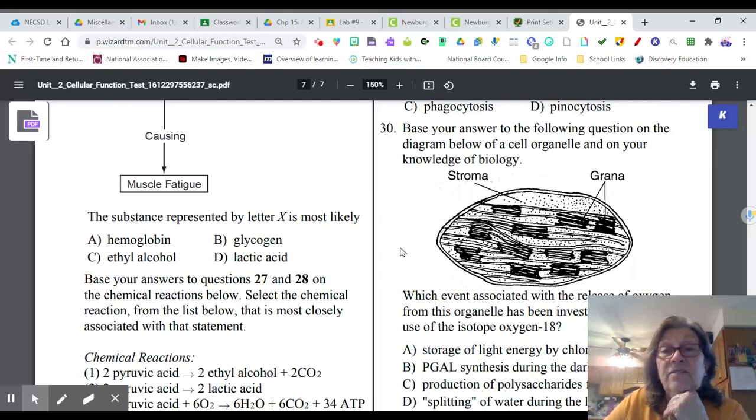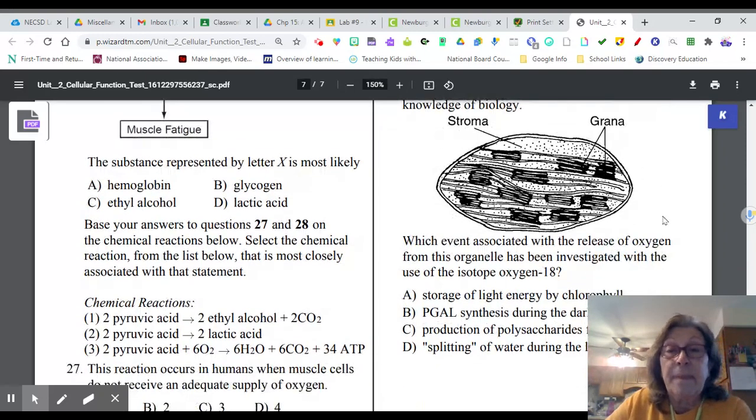Base your answer to the following question on the diagram below of a cell organelle and on your knowledge of biology. We have the stroma and the grana. Which event associated with the release of oxygen from this organelle has been investigated with the use of the isotope oxygen-18?